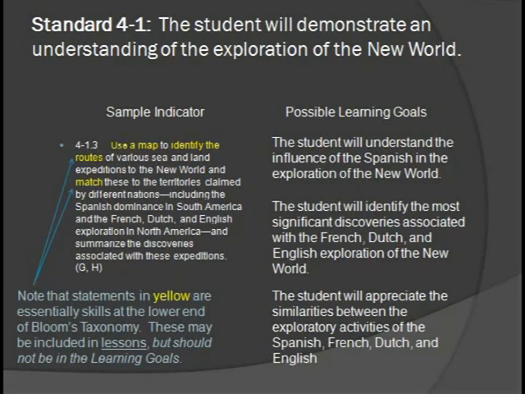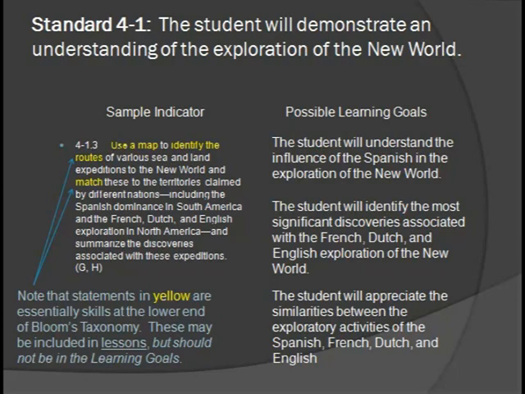Use a map to identify the routes of various sea and land expeditions to the New World and match these to the territories claimed by different nations, including the Spanish dominance in South America and the French, Dutch, and English exploration in North America, and summarize the discoveries associated with these expeditions.